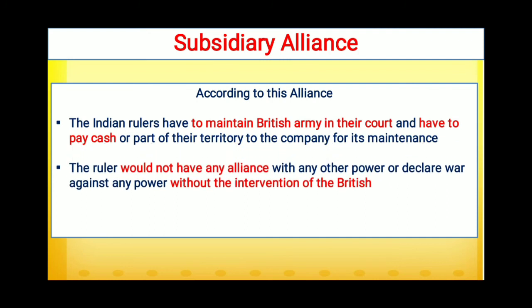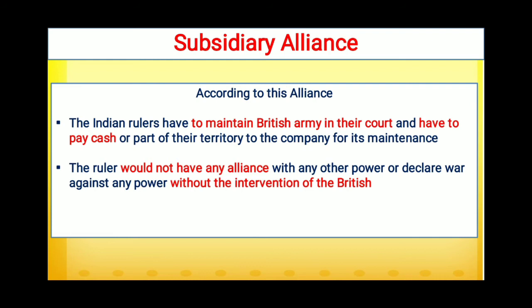The ruler would not have any alliance with any other power or declare war against any power without the intervention of the British. It means now onwards, after the subsidiary alliance, that particular kingdom or ruler was totally under the British army.